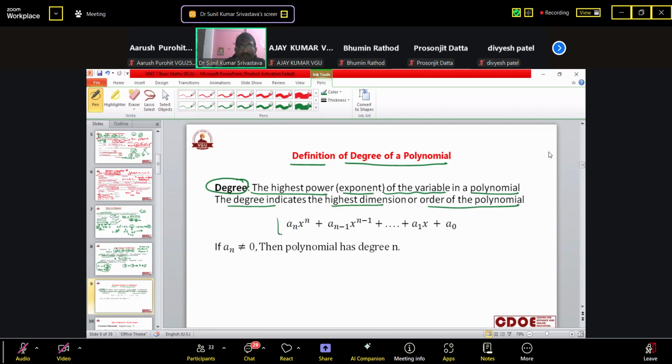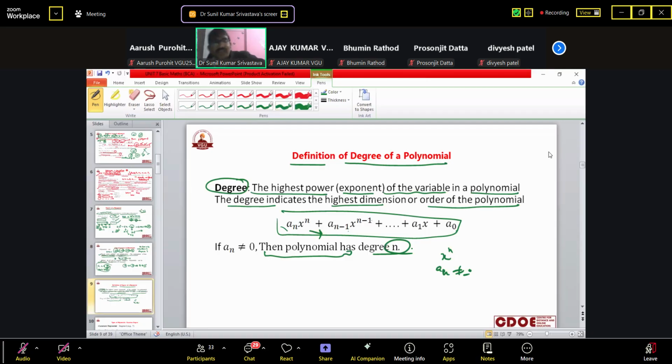Suppose you have a polynomial expression a_n x^n plus a_(n-1) x^(n-1) and so on, plus a_0, where a_n is the coefficient of x^n. a_n is not equal to 0, because if it becomes 0, the degree reduces. So this is a polynomial expression with degree n.